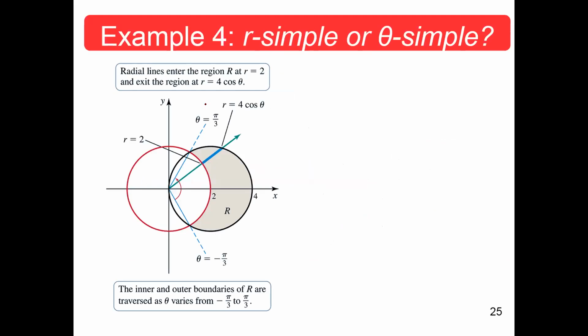Now let's look at example 4 here. In example 4, we have a circle which can be expressed by r equals 2. We have another circle whose center is on the x-axis, which is expressed by r equals 4 cosine theta. And there is a shaded area, which is the part outside of the first circle and inside the second circle.